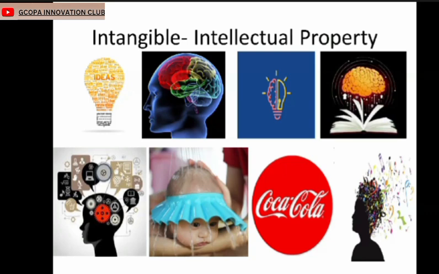But of course, when you work on it in a proper direction, the final output can be achieved, like a product, a process, a design, a logo, artistic aesthetic creations, etc. And this eventually will help you to develop some sort of property. That is why it is termed intellectual property. So these ideas, as I've said, are the raw beginning point.